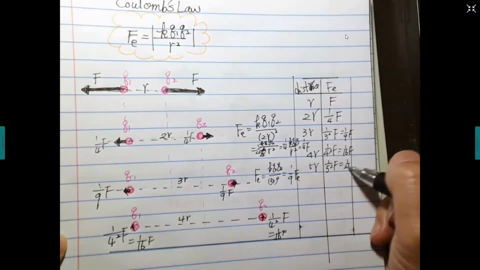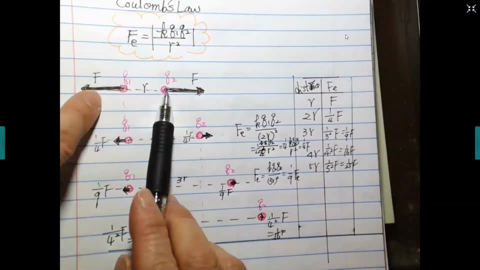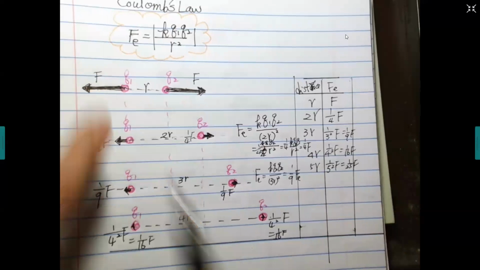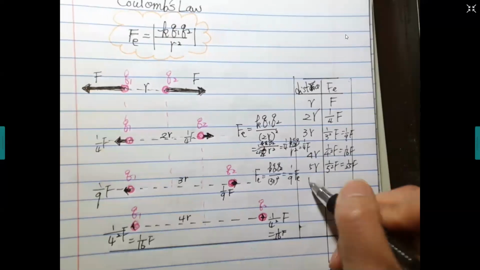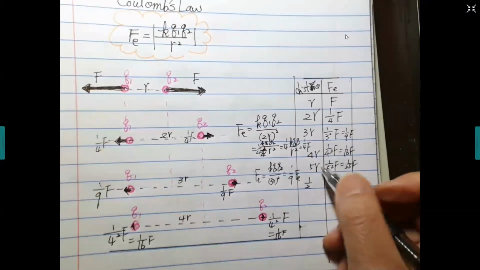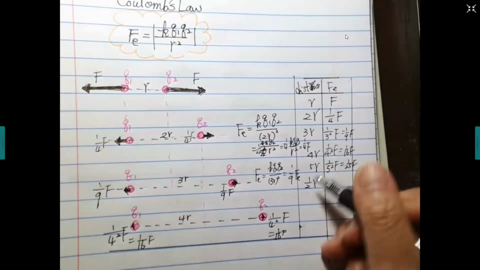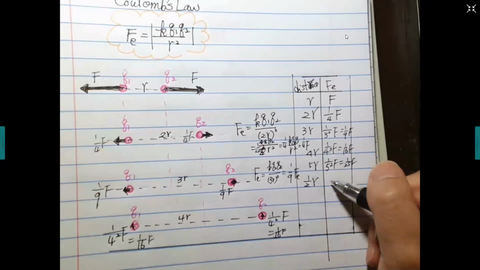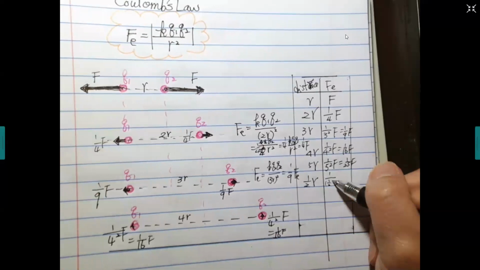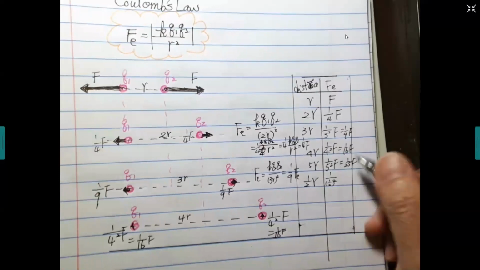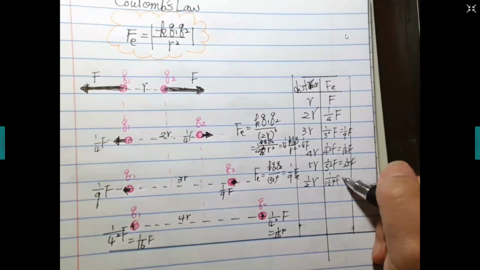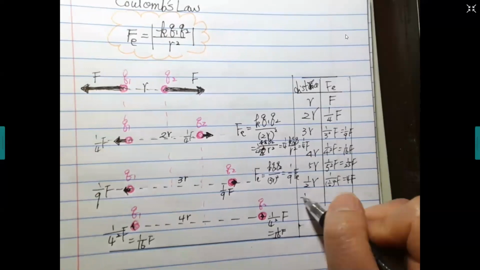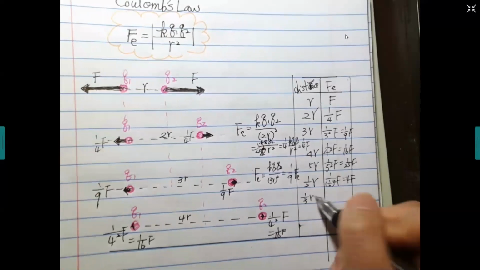Now, what happens if they are getting closer? If they are getting closer, then the repulsive force will be stronger. So if the separation becomes 1/2 r, the force will become 1 over (1/2) squared times F. After you do it, it's 4 times F. Now what happens if the separation becomes this one right here?